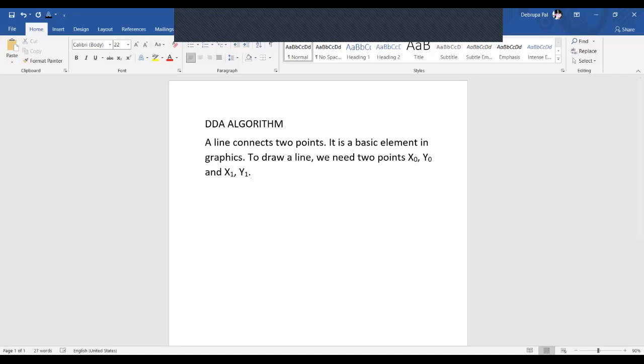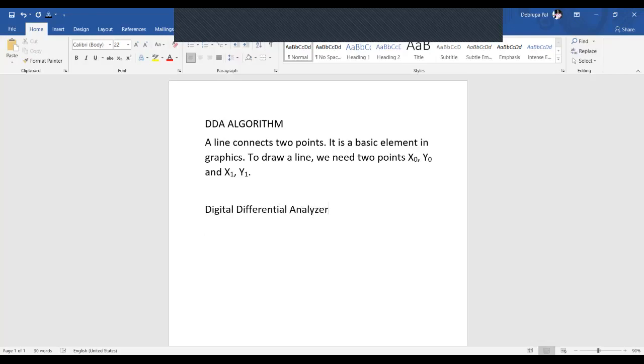Now let us write the DDA algorithm. DDA algorithm is also called digital differential analyzer. And this algorithm is considered a simple line generation algorithm.